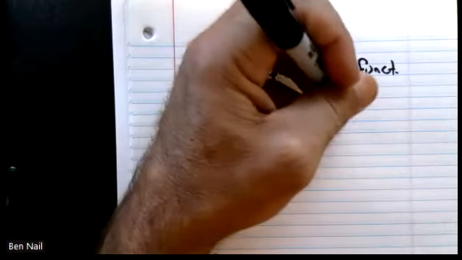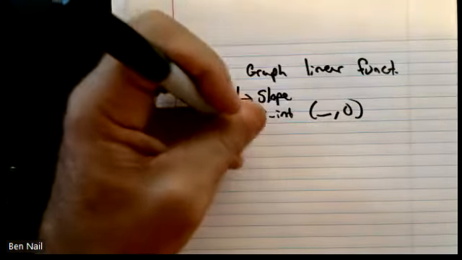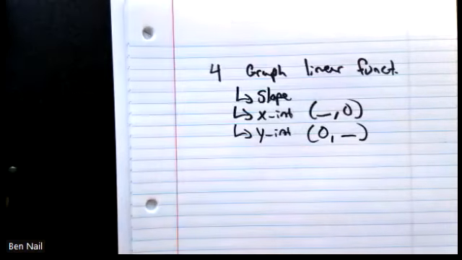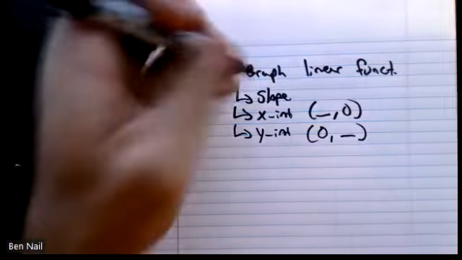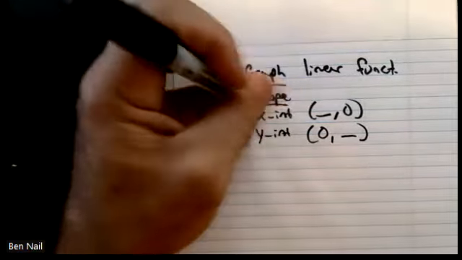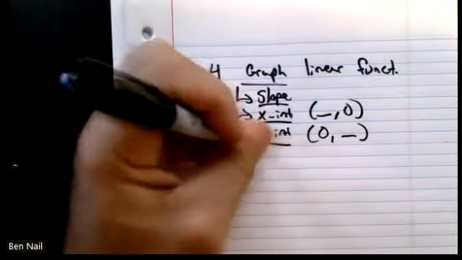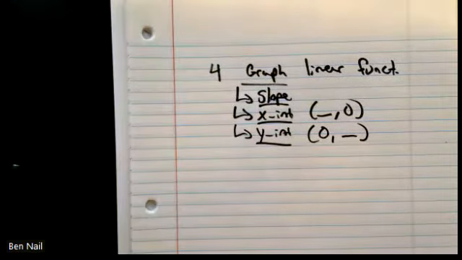Remember, that would be some coordinate and then 0, or the y-intercept, which would be 0 and then some coordinate. So if I give you an equation, you should be able to graph it or give me the slope, the x-intercept, or the y-intercept.